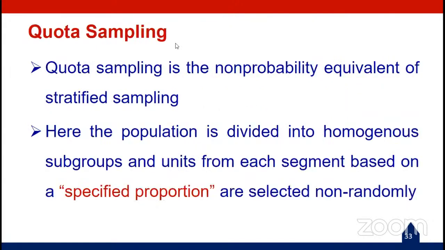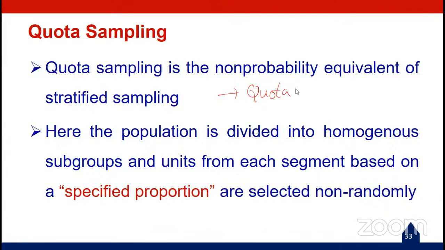The next non-probability sampling method is quota sampling. Quota sampling is a non-probability equivalent of cluster sampling. I hope you are familiar with the term quota. While you are taking admissions, there might be some quota, right? Like a sports quota, an NCC quota, a rural quota.